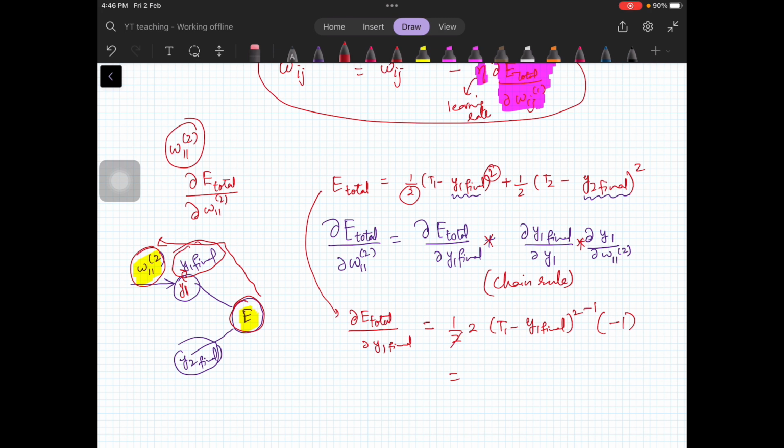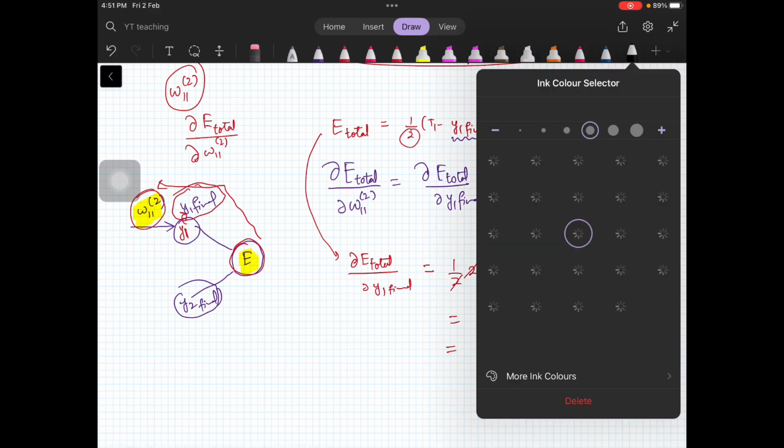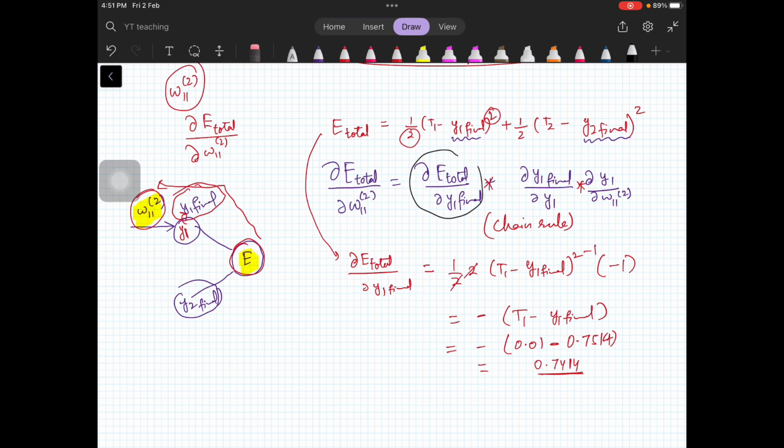So the 2 and 2 will cancel, giving minus (T1 minus Y1 final), and we already have the values. So this is minus (0.01 minus 0.7514), and you will get this to be equal to 0.7414. Okay, so this is our curly E total by curly Y1 final. So now we got this first term, and here we get the value 0.7414.